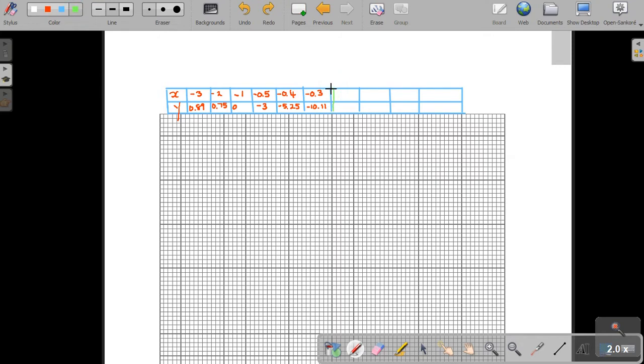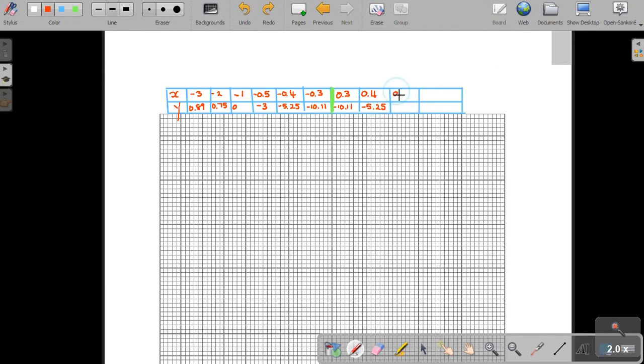And I prefer always, if this happens, now let's take another color. So it's just that you remember, don't go over the y-axis. So again, this is going to be 0.3, and this is -10.11. This is 0.4 and -5.25.